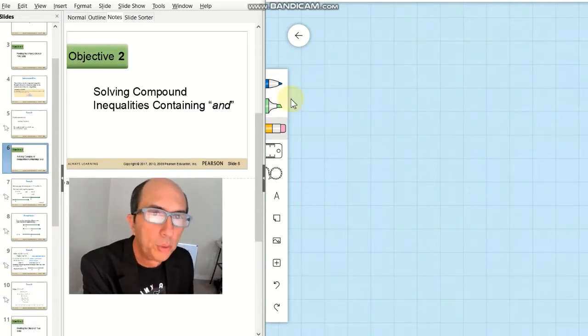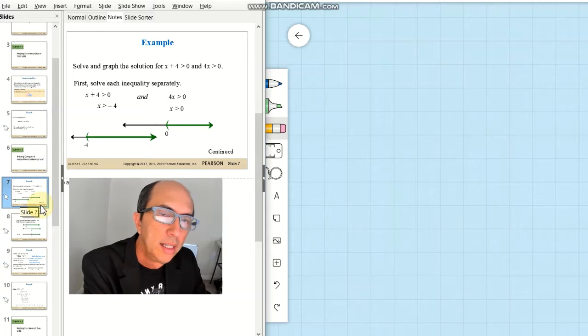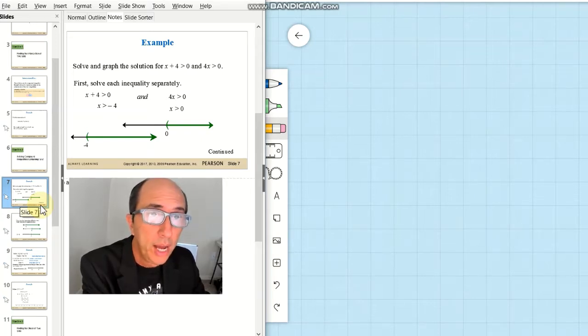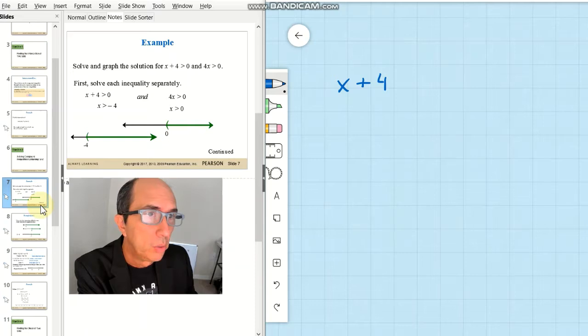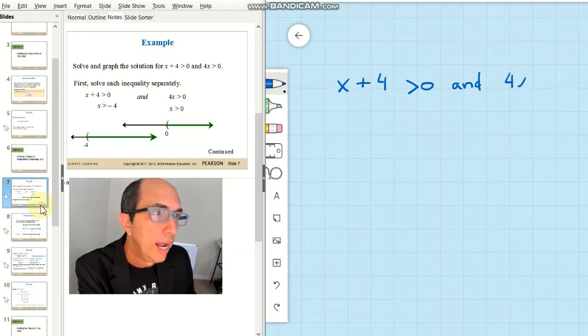Objective number 2, solving compound inequalities containing and. Let's go straight to an example. If we have x plus 4 greater than 0 and 4x greater than 0.